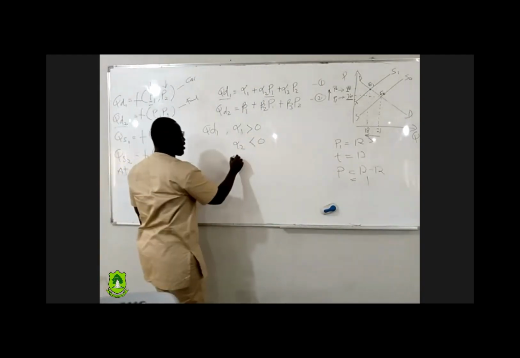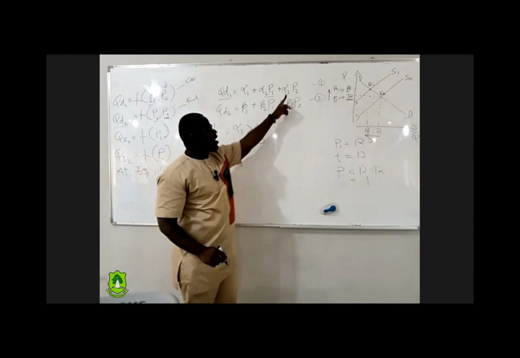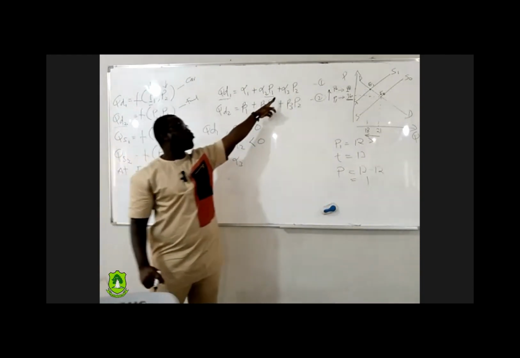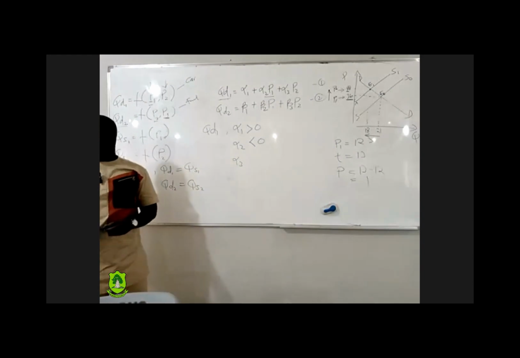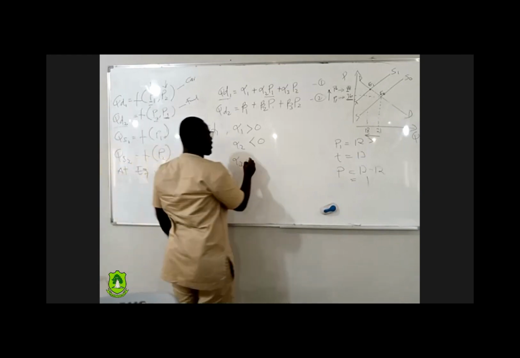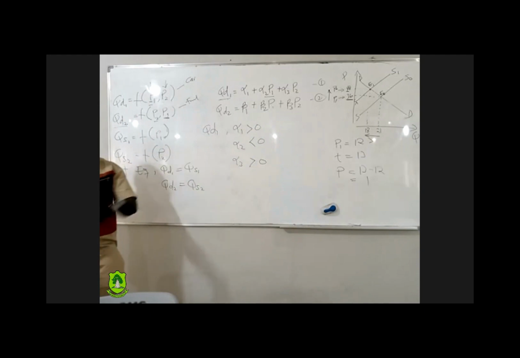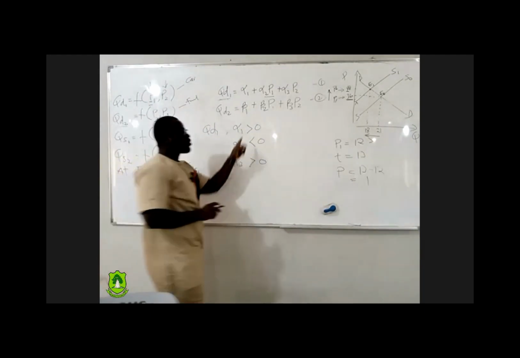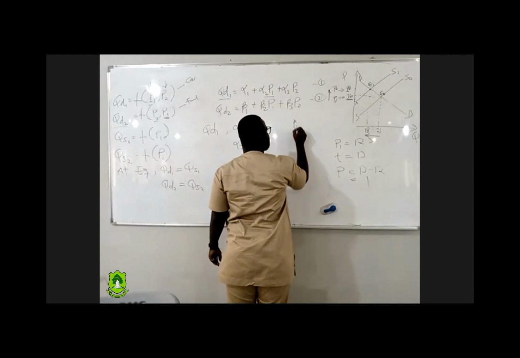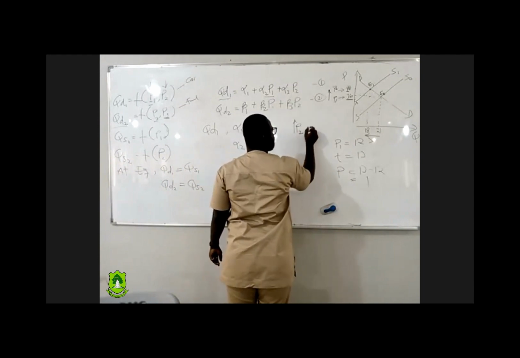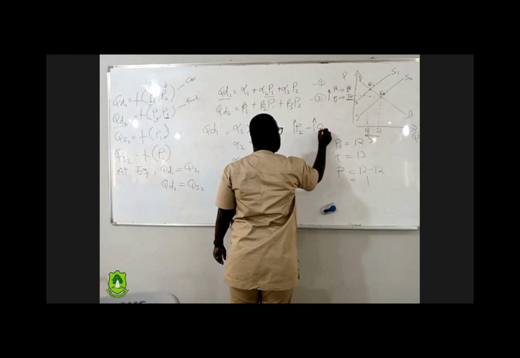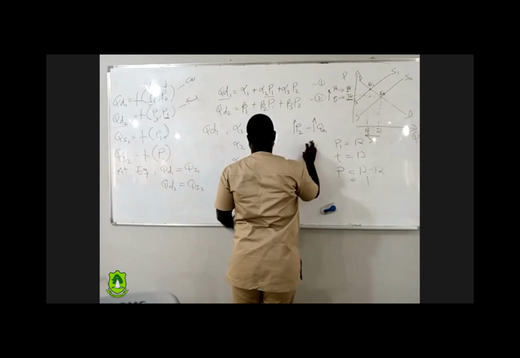What about alpha 3, the price of related good? Will it be positive or negative? Excellent. Depending on the nature of the good. So if alpha 3 is positive, which type of good is good 1 and good 2? If alpha 3 is positive, it means that an increase in the price of P2 will increase the demand for P1.